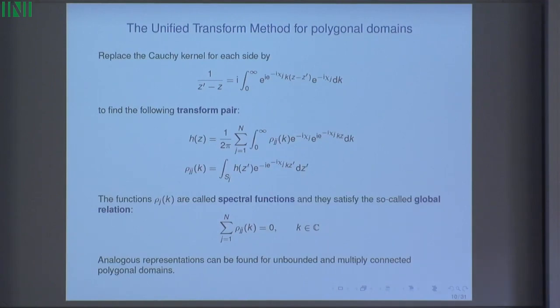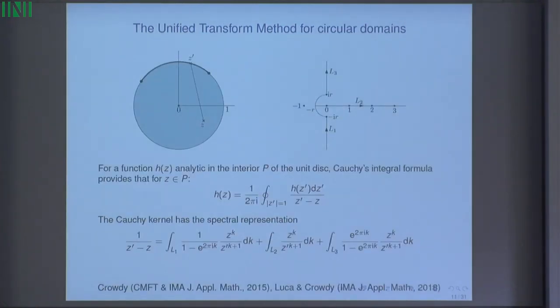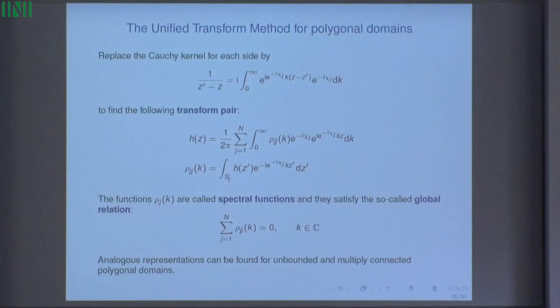So I should say again here that this representation is for this bounded polygon, but we can also find representations for unbounded and also multiply connected polygonal domains. And another thing is that this is a representation for a convex polygon. So if it's a non-convex polygon, the idea is to split it into an atlas of convex subdomains. Okay. So that was a transform pair for a polygonal domain.